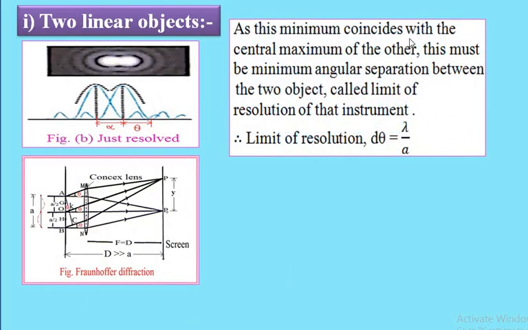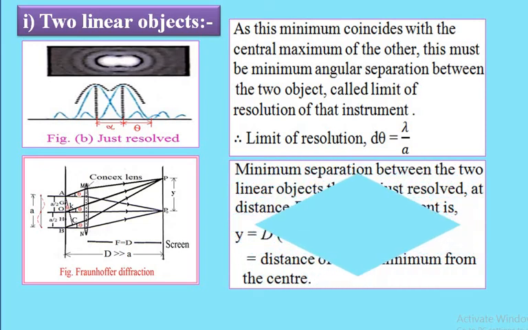As this minimum coincides with the central maxima due to the other, this must be the minimum angular separation between the two objects, called the limit of resolution of the instrument. Therefore, the limit of resolution is given by the relation d theta equal to lambda divided by small a.